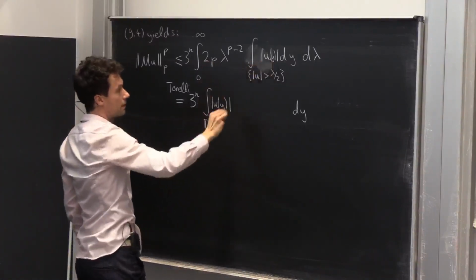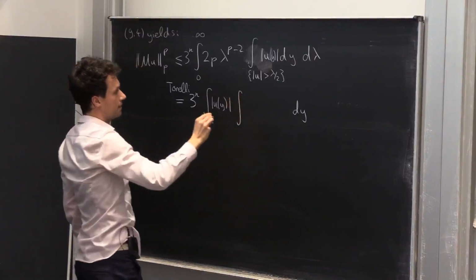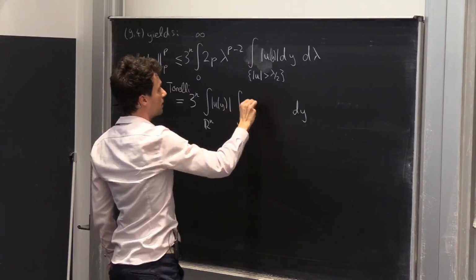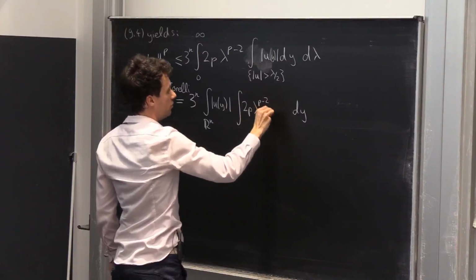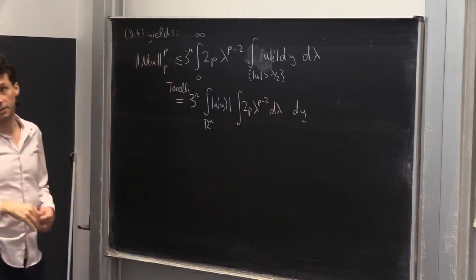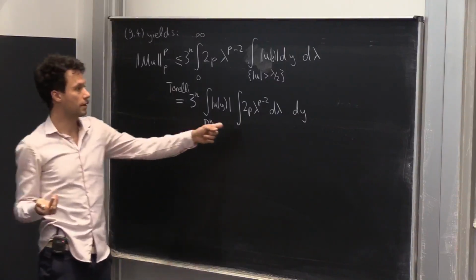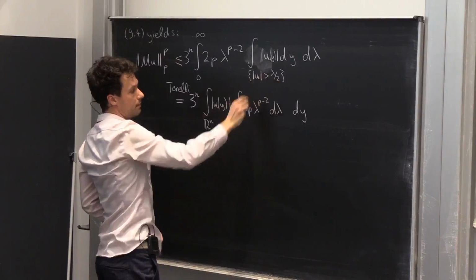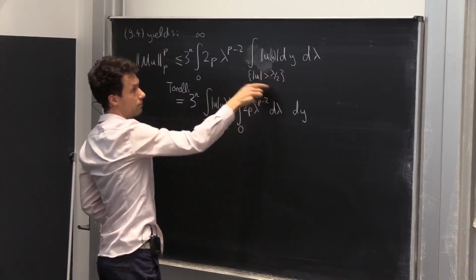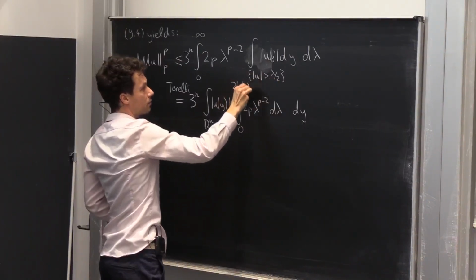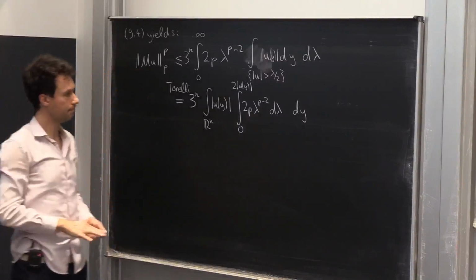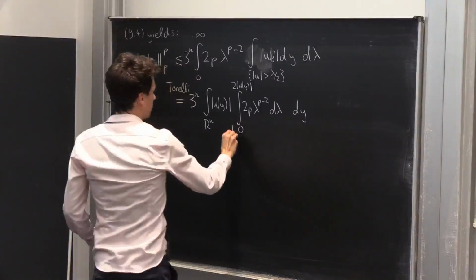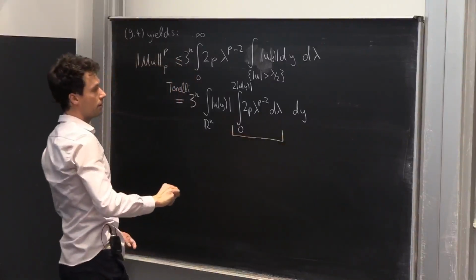And then I'm going to integrate in lambda something like 2 to the p lambda^(p minus 2) d lambda, and I just need to get the borders for the integral right. So absolute value of u was larger than lambda over 2, meaning that lambda goes from 0 to twice the absolute value of u of y. So that was Tonelli.